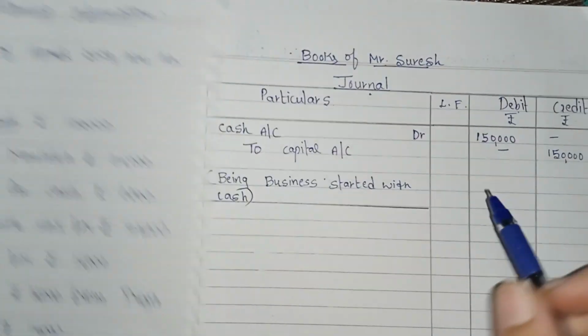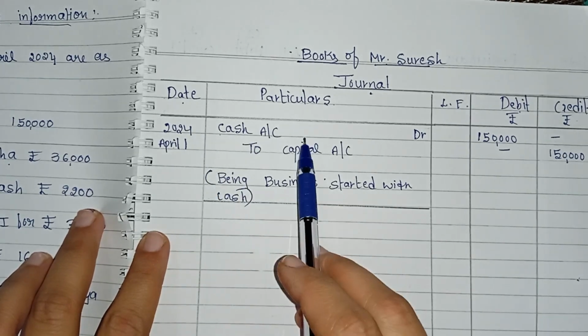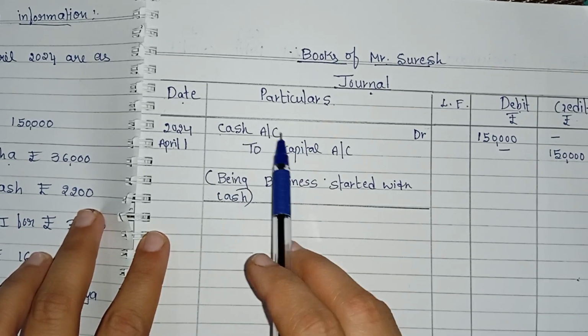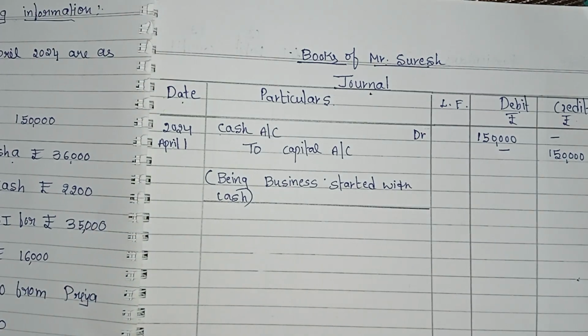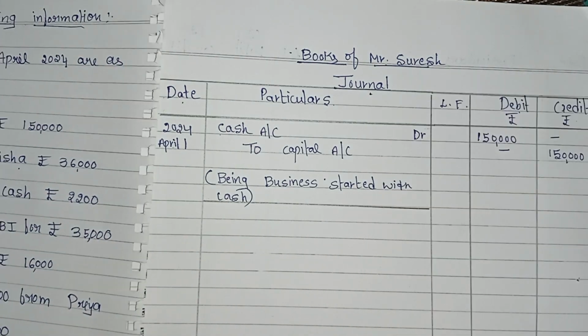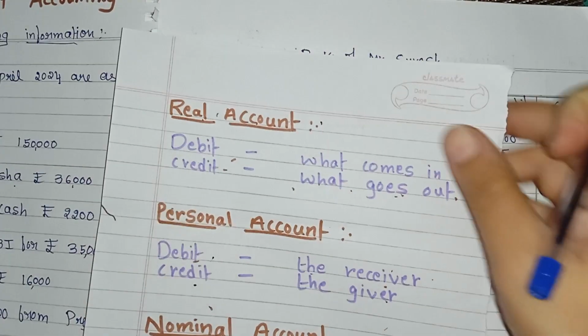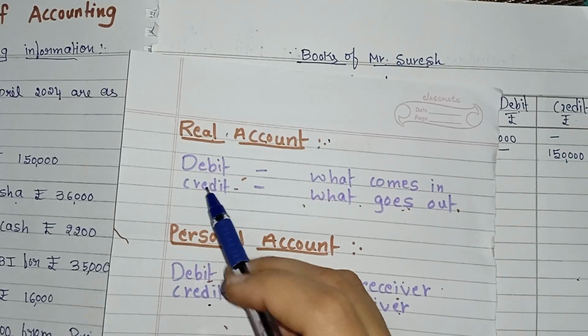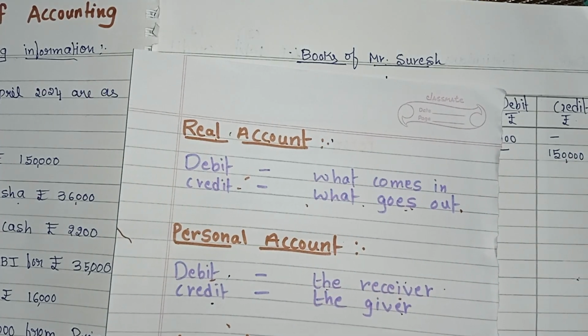So the entry is: we write down the date, and in the particulars column we write cash account debit. Why? Cash account falls under the real account category. What is the rule of real account? Debit what comes in.